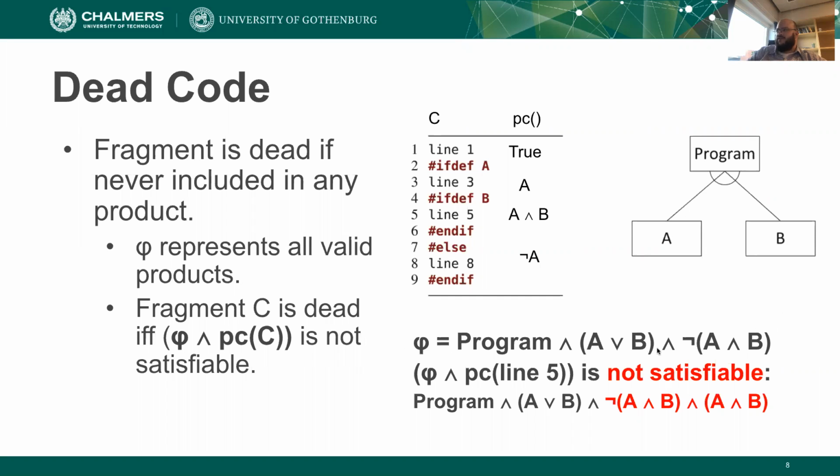That's what our feature model says, right? Line 5 is considered dead code because we can't actually satisfy both the formula from the feature model and the presence conditions to include line 5, which are A and B, right? Those contradict each other, not A and B at the same time. So line 5 can never actually be included according to our feature model.